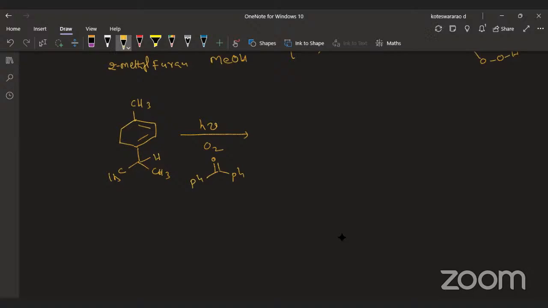Now, in presence of benzophenone sensitizer, that leads to the formation of this kind of product.